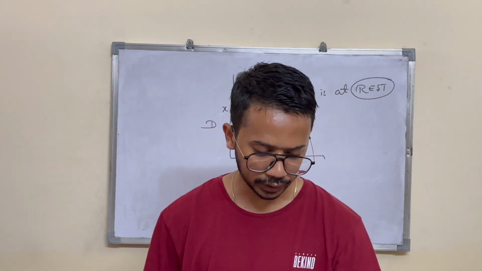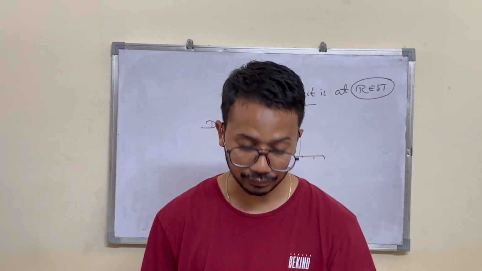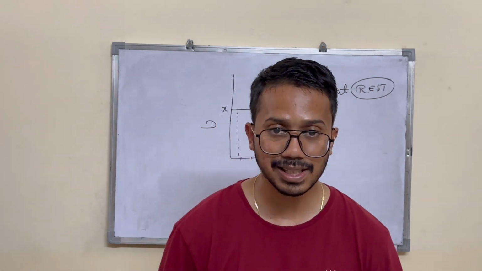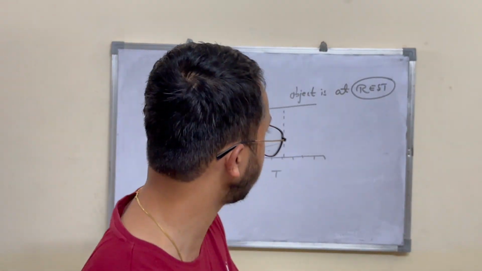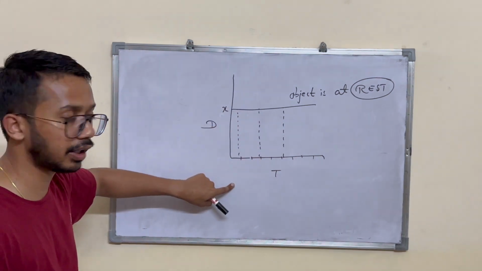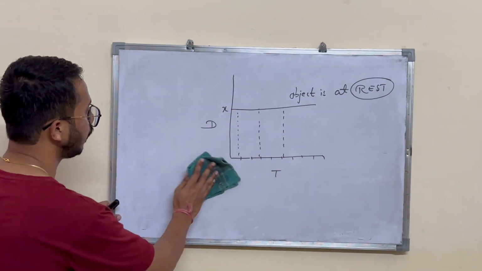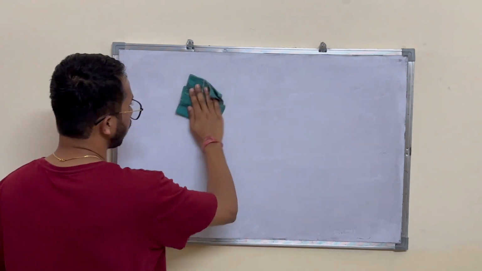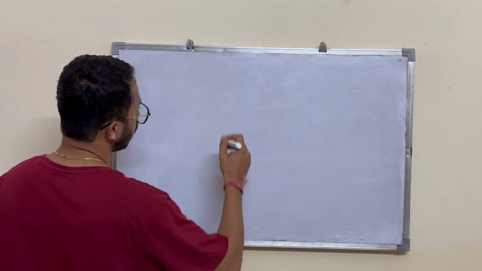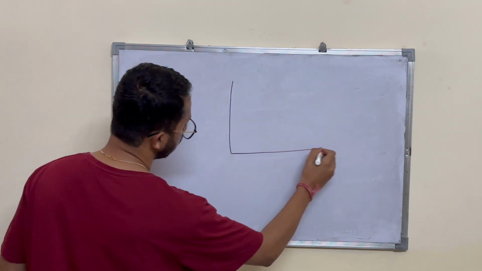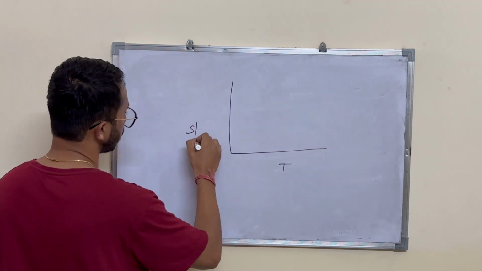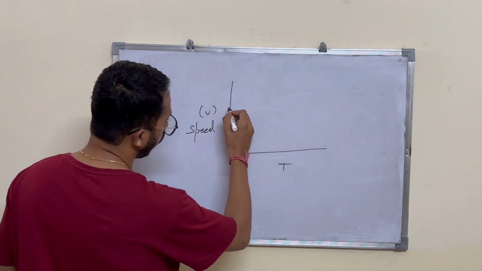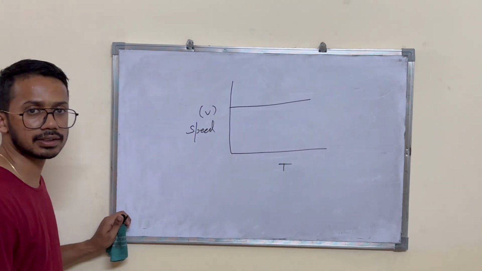Okay, now next question. What can you say about the motion of an object if the speed time graph is a straight line parallel to the time axis? Earlier we had a distance time graph parallel to the time axis; now we have a speed time graph, with time on one axis and speed on the other. According to the question, the line is parallel to the time axis.